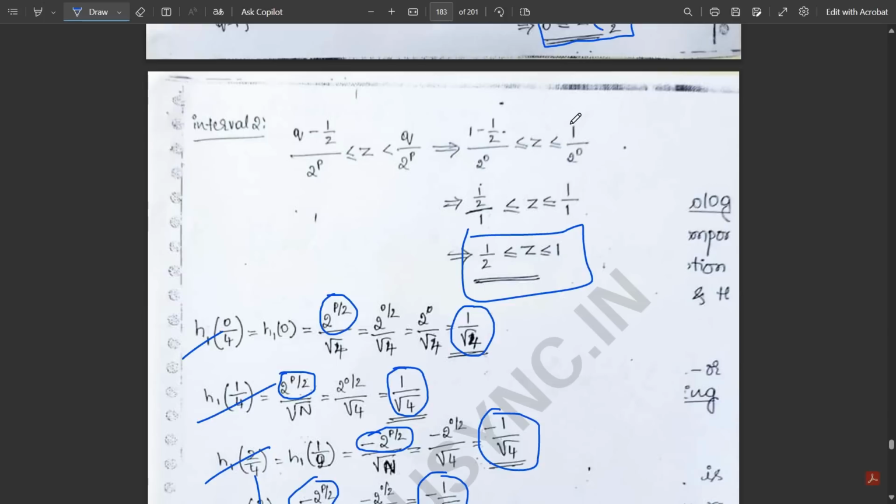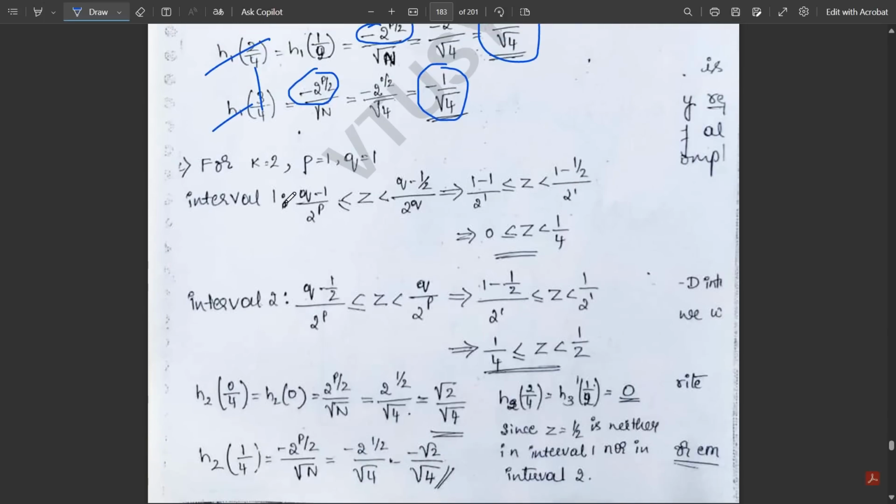Now third row elements for k equal to 2. So for k equal to 2, you should be taking the values of p and q as 1 and 1 each. So two intervals, again you do the simplification. First interval: q minus 1 by 2 power p less than or equal to z less than q minus half divided by 2 power p here. Okay, substitute the value of q, in this it is equal to 1.